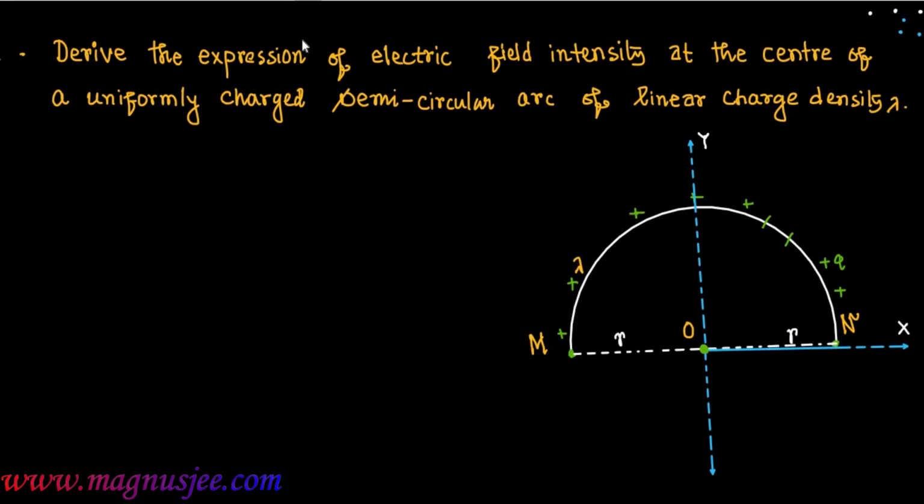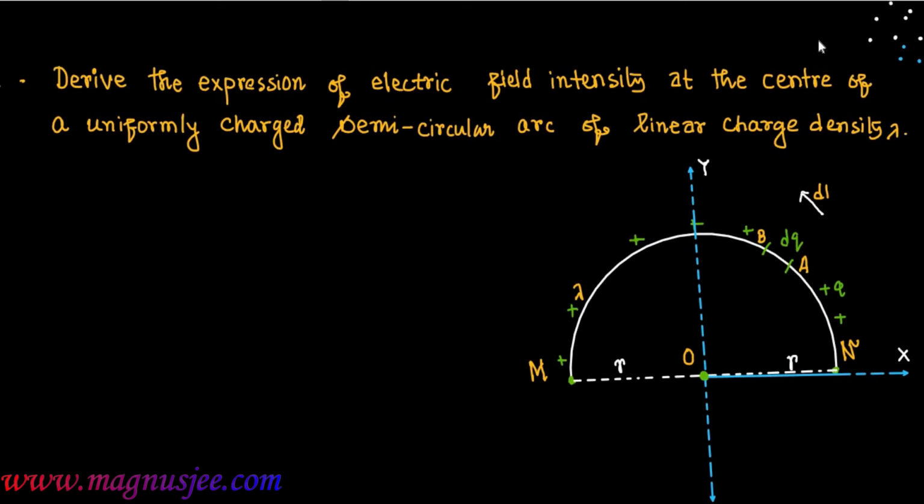AB is a small element on this semicircular arc, and the length of this elementary portion is dl. This small portion AB has the charge dq. dq is the charge of this small elementary portion AB of the semicircular arc MN.